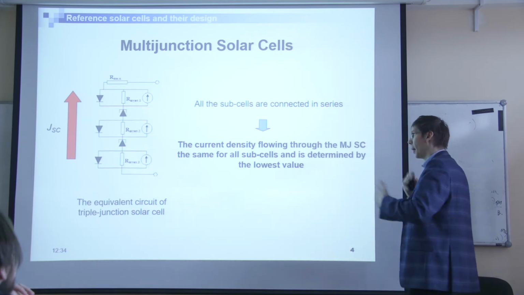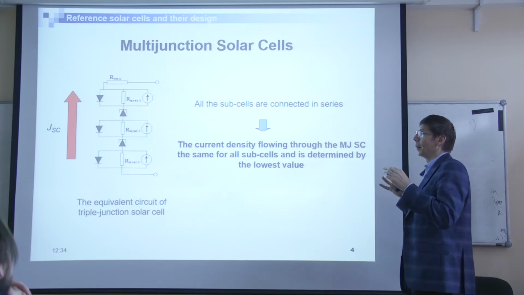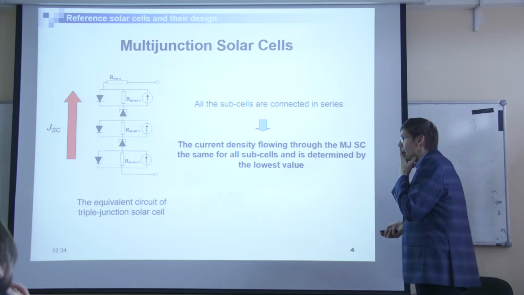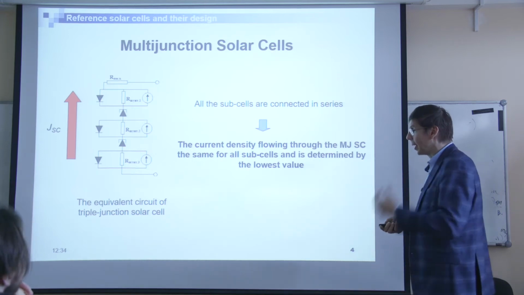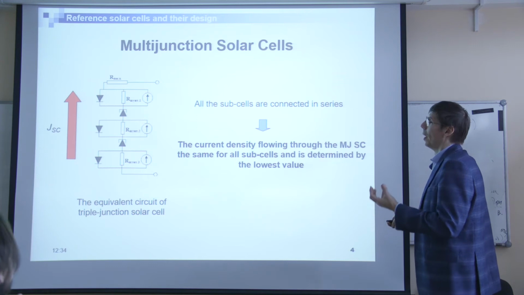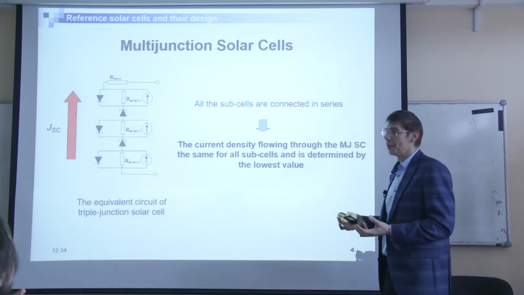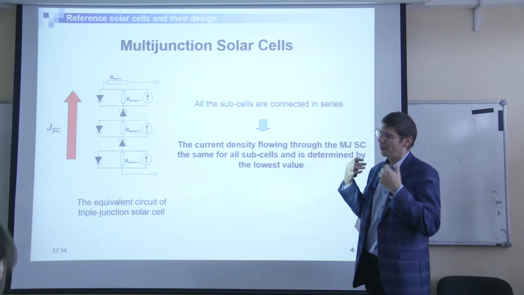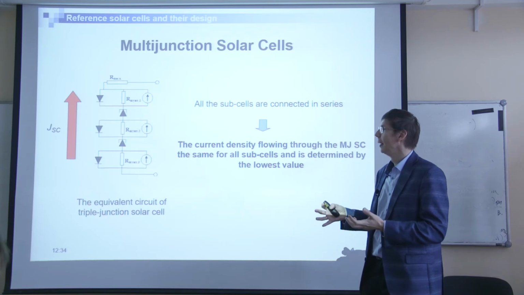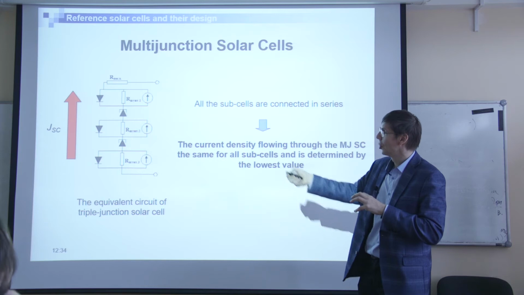So I mean, it's quite an important thing, the spectral match, for multi-junction solar cell. It means that you have to get some idea about your solar simulator: how does it correspond to your measured solar cell, the spectrum for each junction.